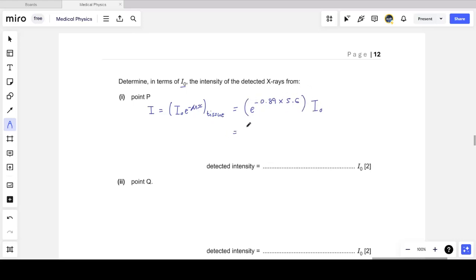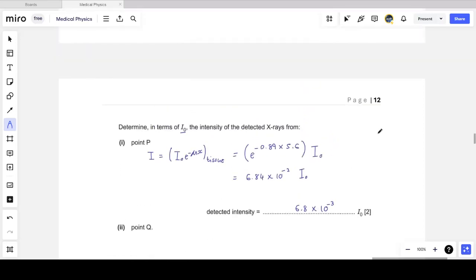And so when I compute this, I get 6.84 times 10 to the minus 3 I naught. And so to two significant figures, this is 6.8 times 10 to the minus 3 I naught. So I still have some intensity on the other side. It might be lower, but there's still some intensity of the X-rays detected on the other side of the soft tissue.